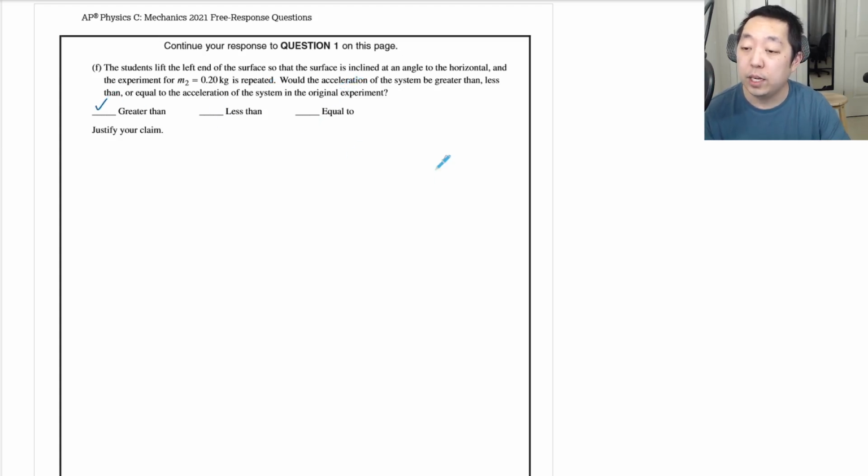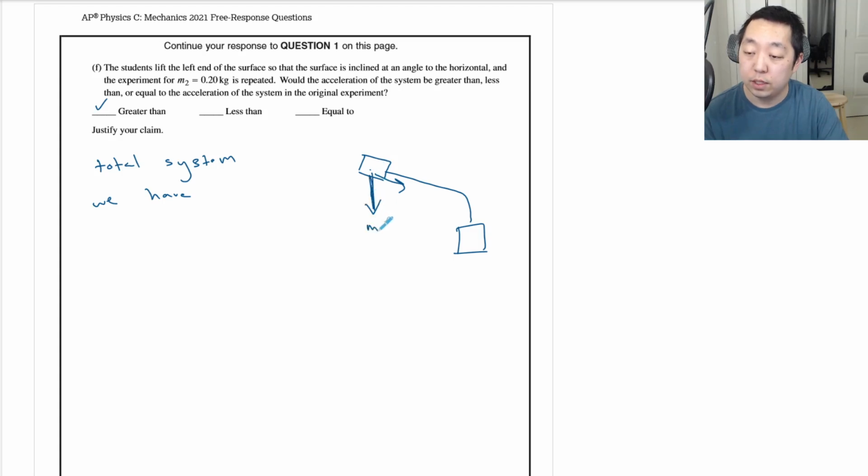Greater than, because for what we talked about, if you think about it from your system and you have it like this, you now have an additional force. So for the total system, we have an additional component of gravity, mg, and the component in the direction would be mg sine theta, right?